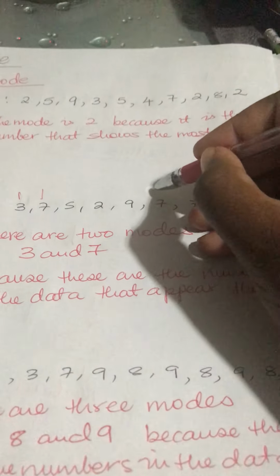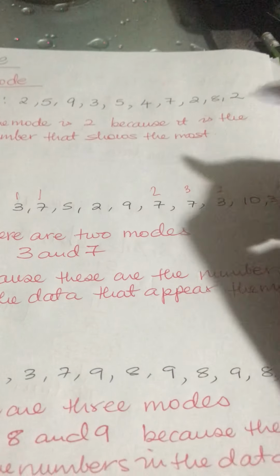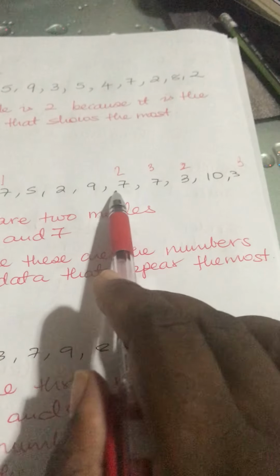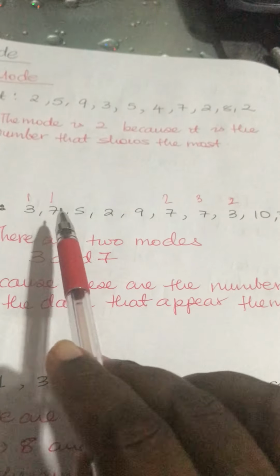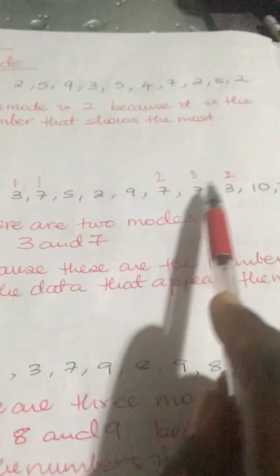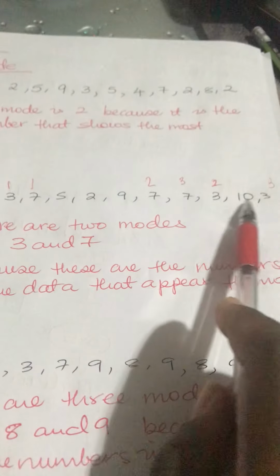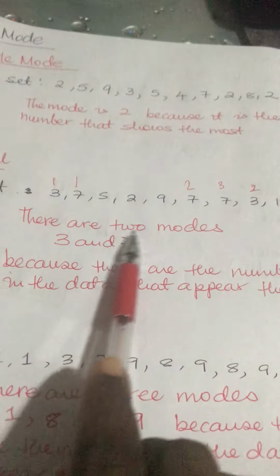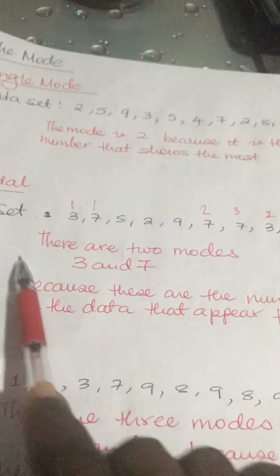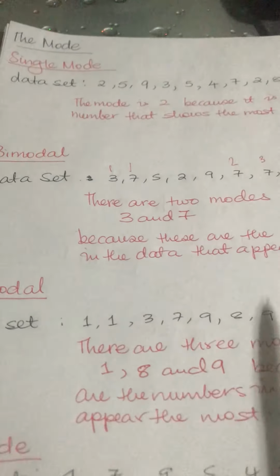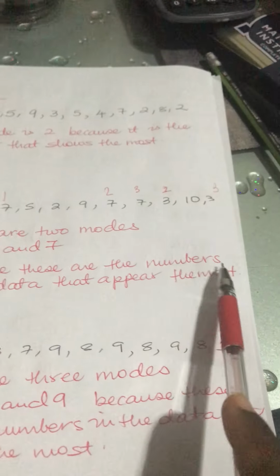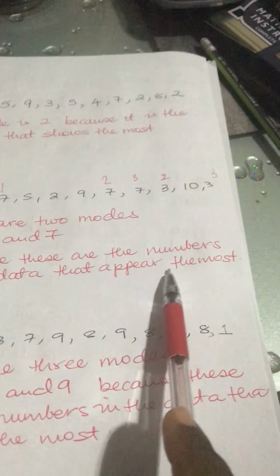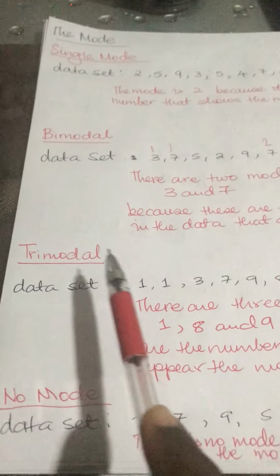The first 7, the second 7, and the third 7. Every other number appears only 1 or 2 times. So the only numbers that repeat the most are 7 and 3. Each one of them repeats 3 times. So that is why we are saying they are bimodal, because these are the numbers in the data that appear the most.